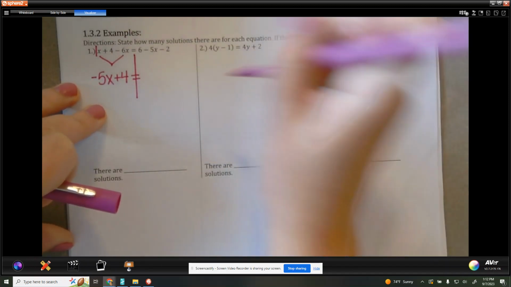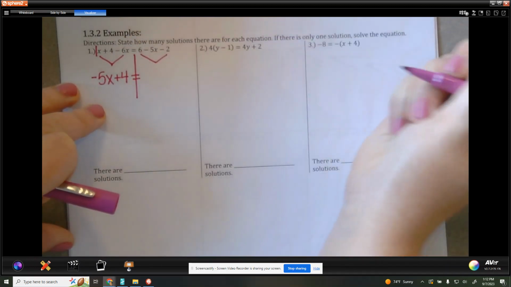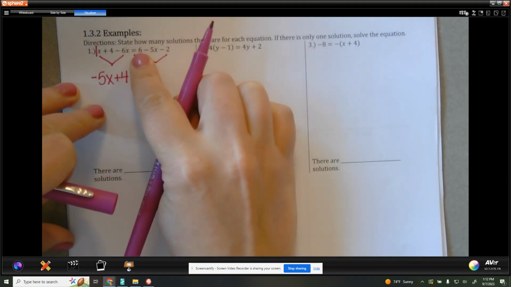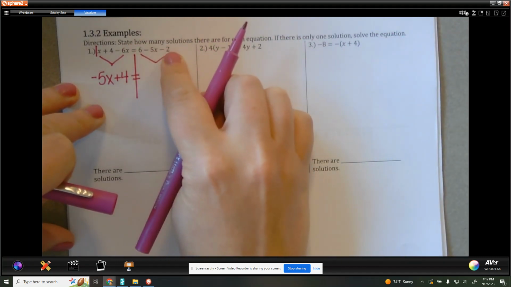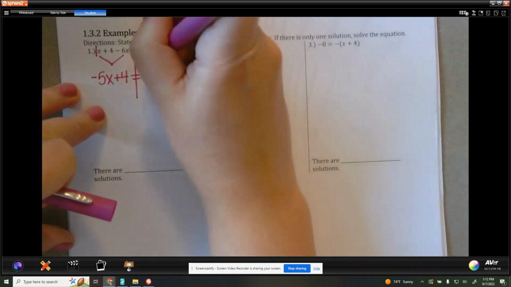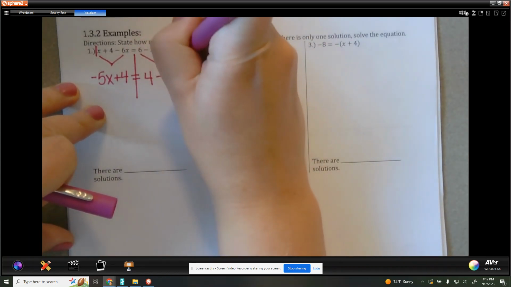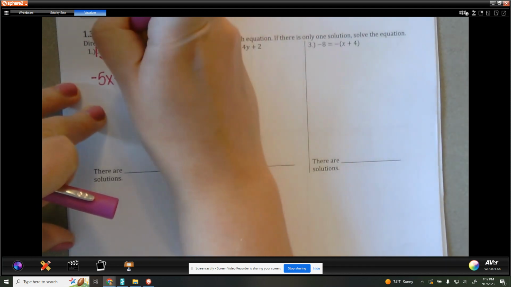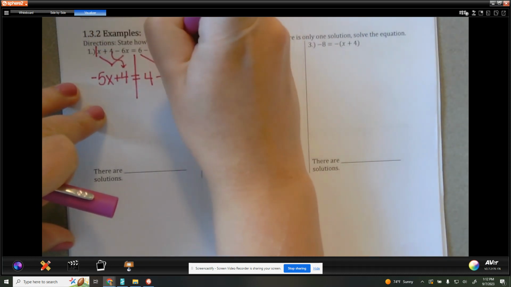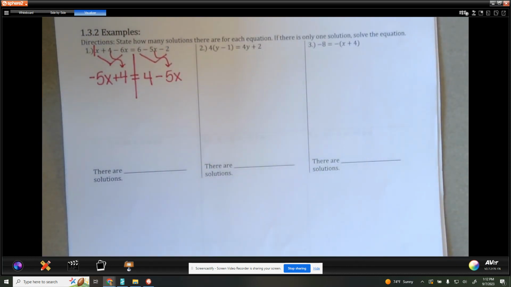And then over here, we can combine our just numbers. So we've got positive 6 minus 2 because of that negative sign out front. So that would be 4, 6 minus 2. And then minus 5x, we bring that down. All right, so I just brought down that 4 with it, brought down the negative 5, just to make sure that we're keeping in line after we combine things. All right, so we're good there.